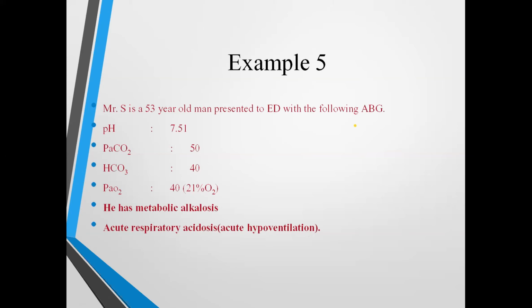So this is basically a metabolic alkalosis with acute respiratory acidosis, because look into the PCO2. There is elevation in PCO2 because of acute hypoventilation. This patient has stopped ventilating, so that's why he has retained CO2.